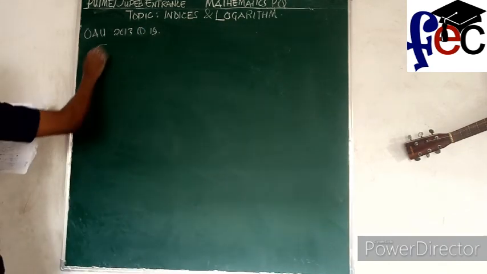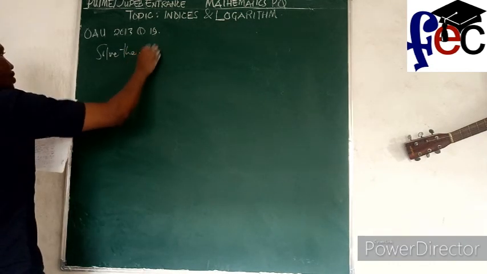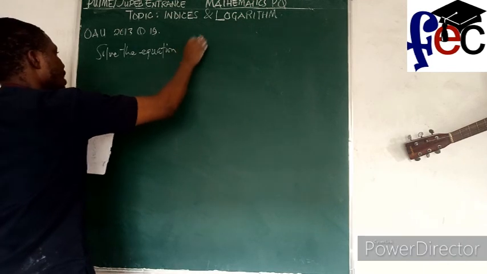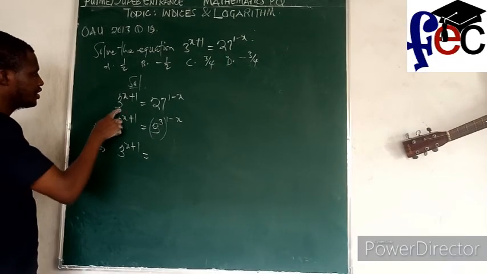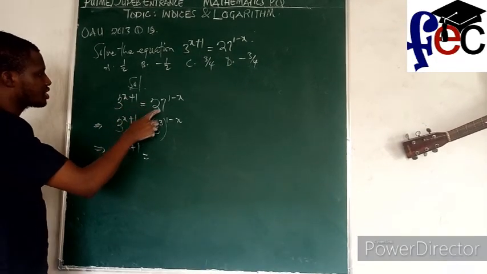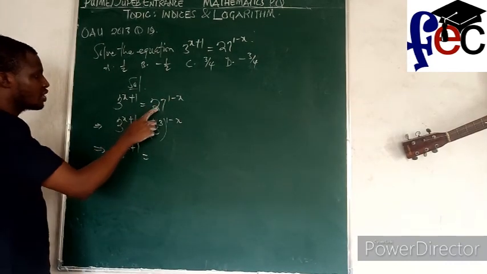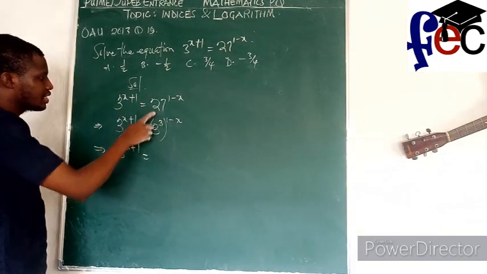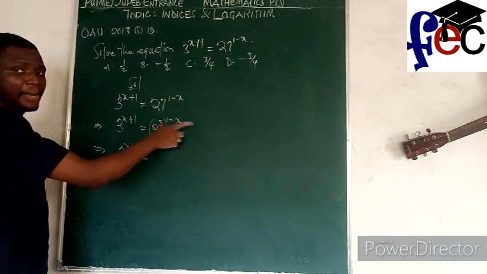It says solve the equation 3 raised to power x plus 1 equal to 27 raised to power 1 minus x. So our duty is to look for a way to rewrite this 27 as a form of base 3. So I have this, then 27 is the same thing as 3 cubed, raised to power 1 minus x.